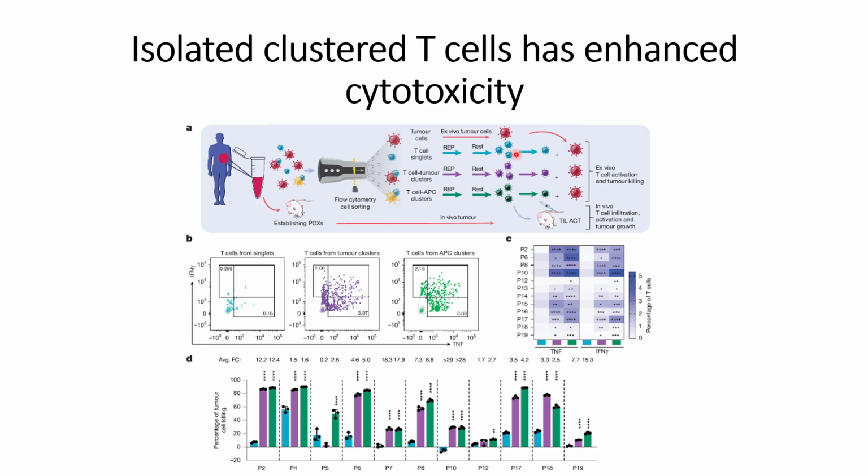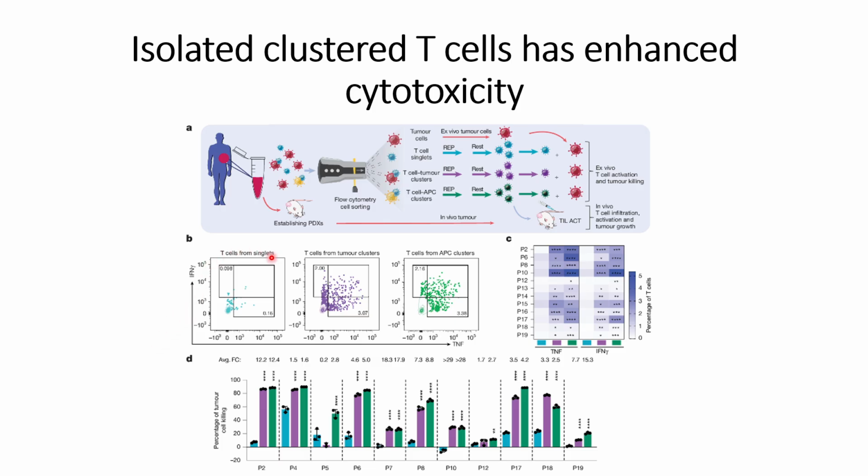In the ex vivo studies, they took the T cells from the different populations and co-cultured them with the tumor cells individually, and they checked the results after 4 hours of co-culture. First they checked the cytokines that are released by the T cells, more specifically IFN gamma and TNF.